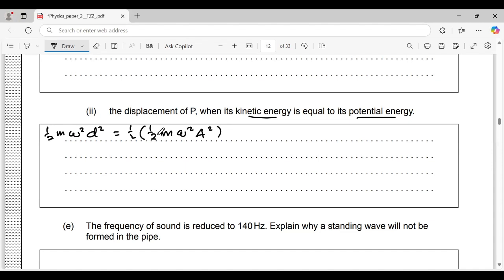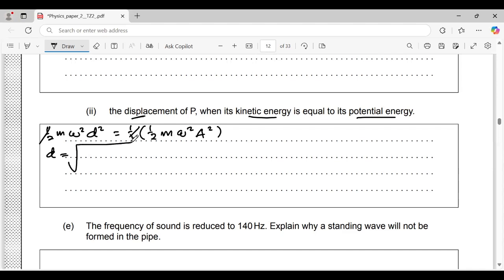You recalculate this part from the previous question. Because we are going to find displacement d, making d the subject, half divided by half equals 1.